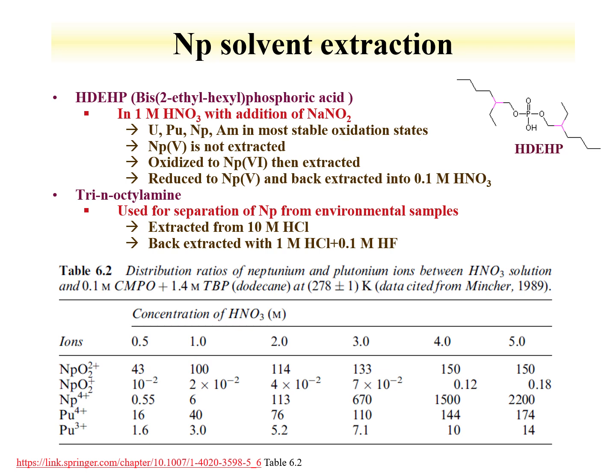And if we examine a system such as 1 molar nitric acid, this mixture of CMPO and tributyl phosphate has a very high extraction for neptunium-6, extremely low for neptunium-5, and above 1 for neptunium-4. So here's a clear example of how the neptunium oxidation state will vary the extraction behavior as a function of acid concentration.